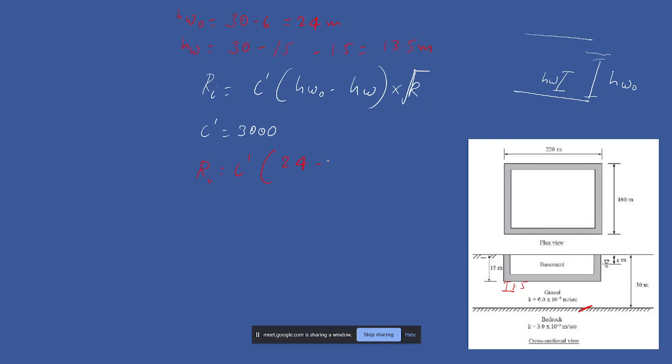Here it is 13.5 into root K. The permeability of this region, because we are evaluating the influence radius of this part, is 6 into 10 to the power minus 5. So 3000 into (24 minus 13.5) into root of 6 into 10 raised to power minus 5. Just calculate this, how much it is.